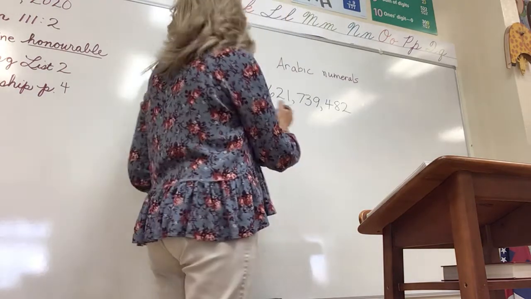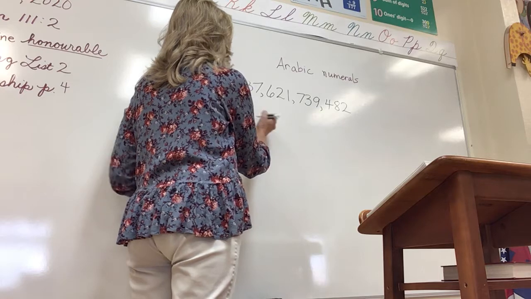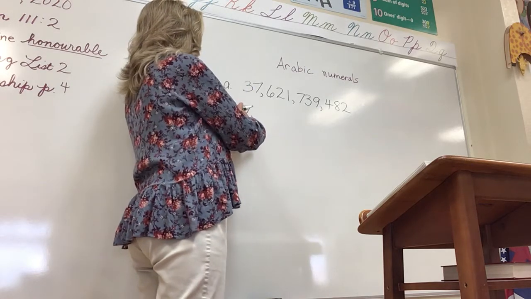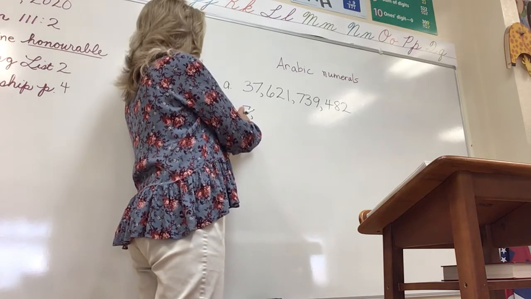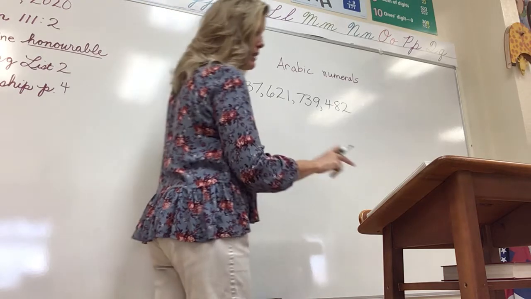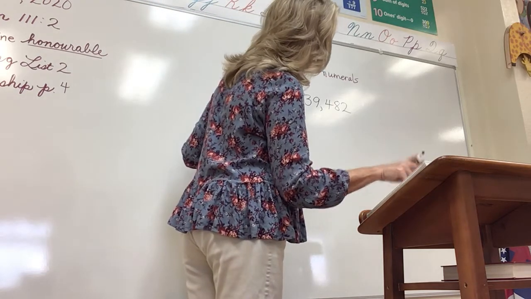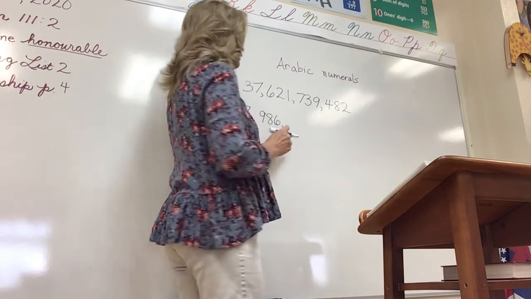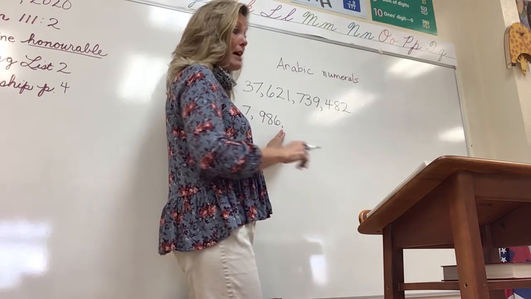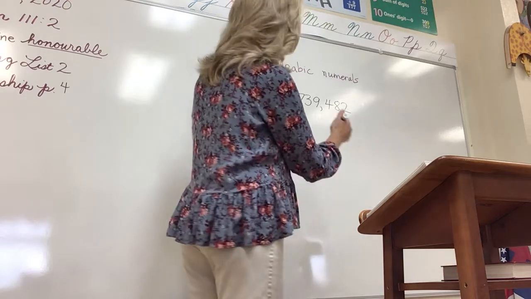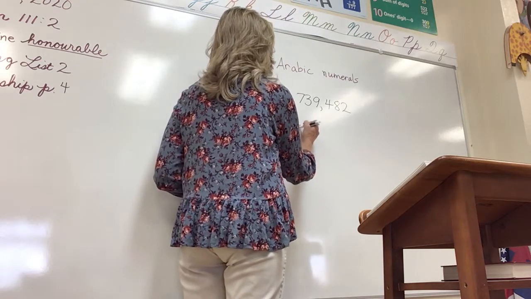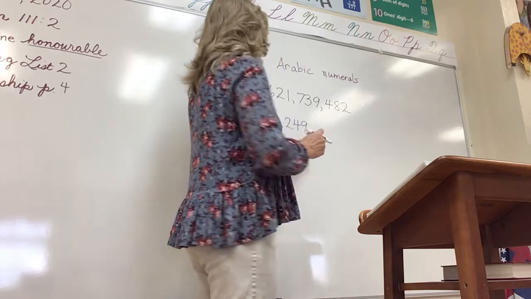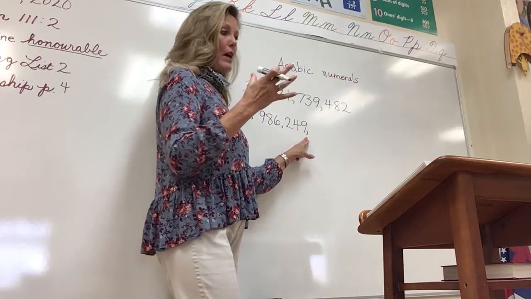And I have 7 billion. Notice that even though I don't have any other digits in front of it, I'm going to put my comma right there, 7 billion, because that's where my word is. 986,000,000. So I'm going to put a comma where that million word is. 249,000. I need a comma where that word thousand is.